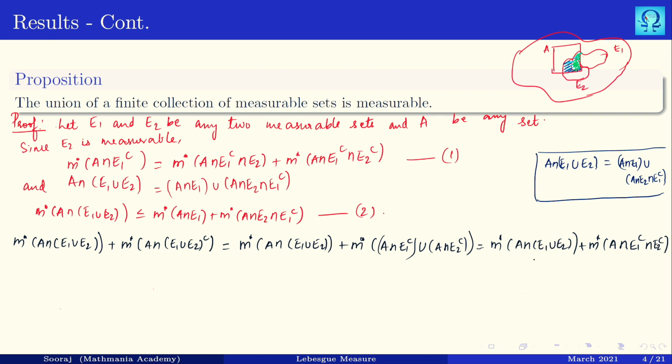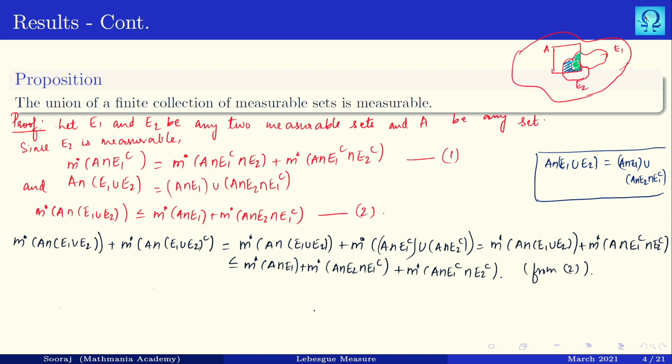What is my A intersection E1 union E2? That is smaller than or equal to m star of A intersection E1 plus m star of A intersection E2 intersection E1 complement, right? And I have this quantity, m star of A intersection E1 complement intersection E2 complement. This is from equation 2.